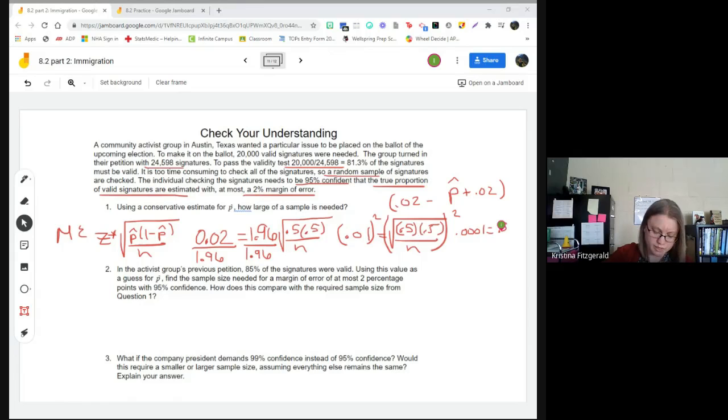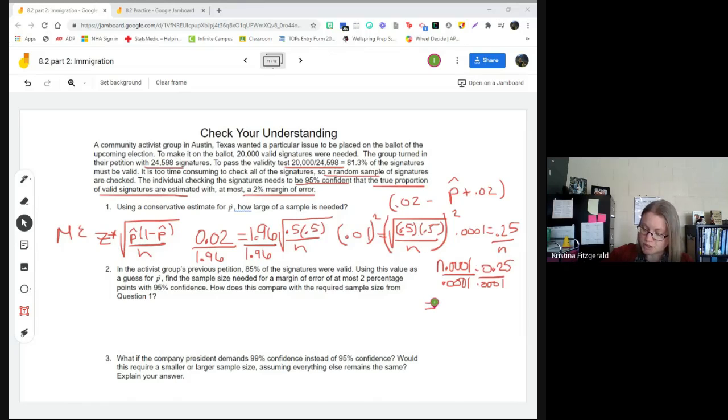Instead of writing 0.5 times 0.5, I'm just going to go ahead and write what that is. 0.5 times 0.5 is 0.25 divided by n. If I want to get n all by itself, it's currently being divided, so I would multiply both sides by n. And then divide away this number. And that's going to give me my final answer.